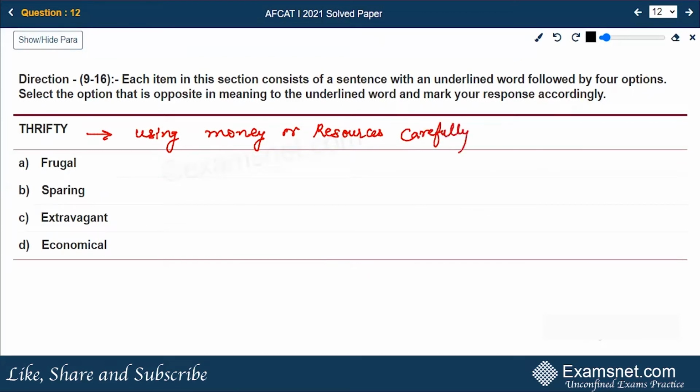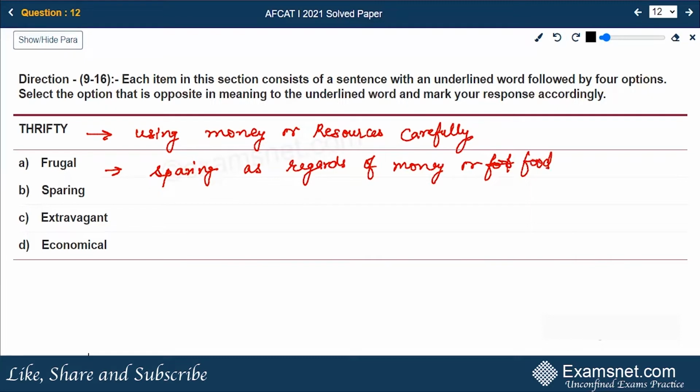You're not wasting something. Frugal means sparing as regards money or food. Sparing means to be very economical.